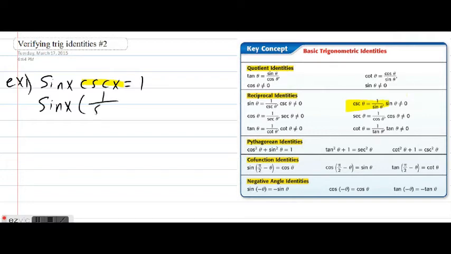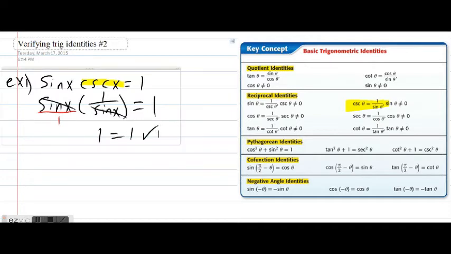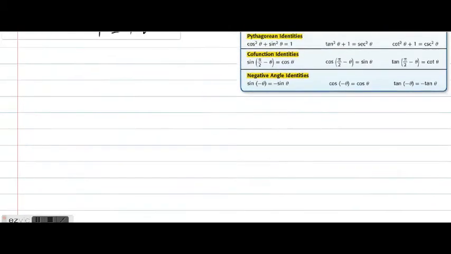Cosecant is simply 1 over sine, so 1 over sine of x. And I'm trying to prove that this all equals 1. We agree that I can put that over 1. And then we're cross canceling. Basic algebra. 1 equals 1. So that one's good.